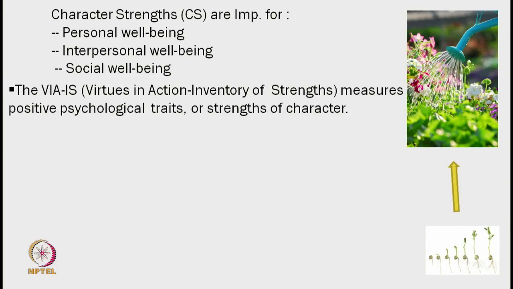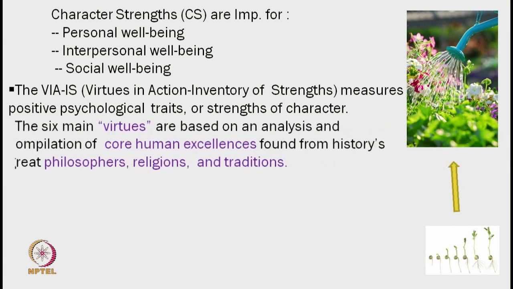So, let us first discuss the Values in Action Inventory of Strengths, where they have identified a total of 24 character strengths under 6 virtues, and they are saying that actually these are positive personality traits or strengths of character. Peterson and Seligman identified mainly 6 virtues.